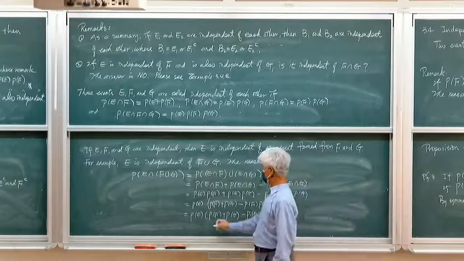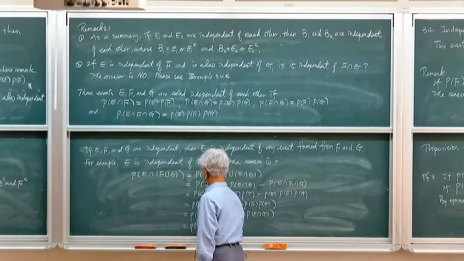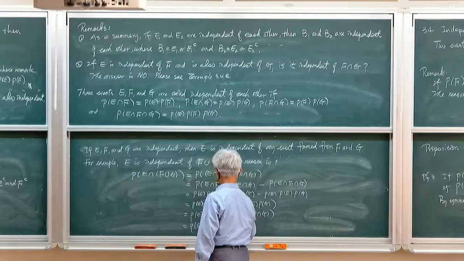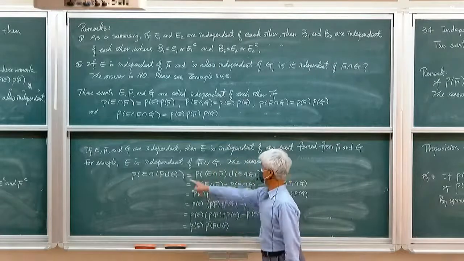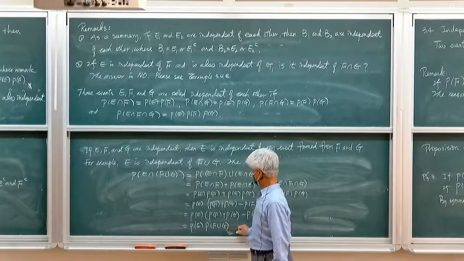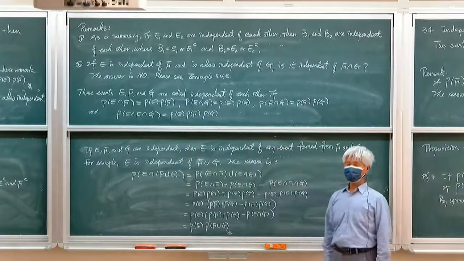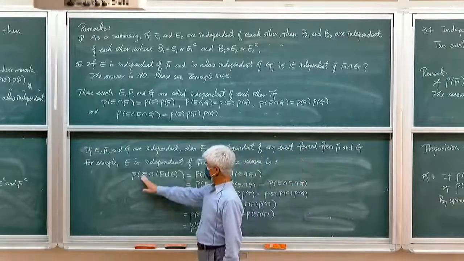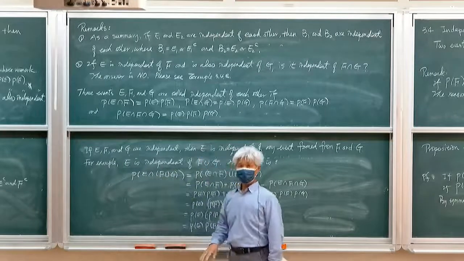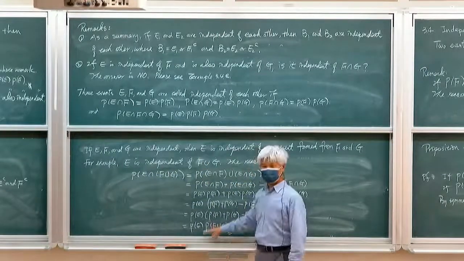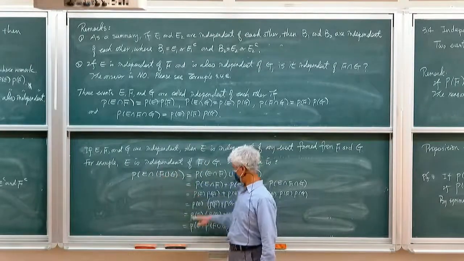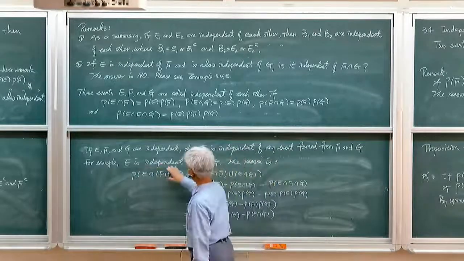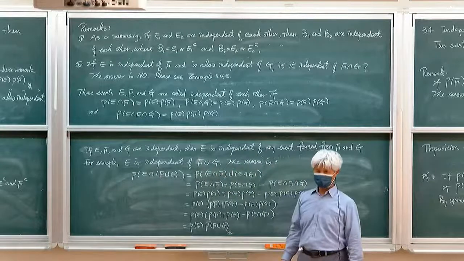Now again, by the inclusion-exclusion formula, this is the probability of F union G. Okay, and we have done. Because we prove that the intersection of E and this union has probability equal to the probability of E times the probability of this union. Okay, so E is independent of the union of F and G.